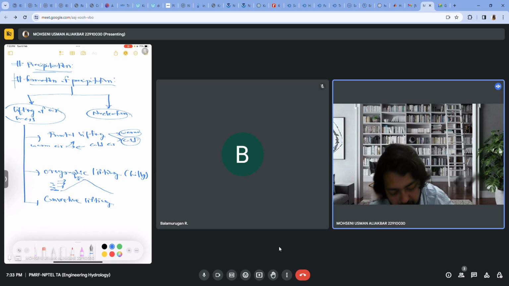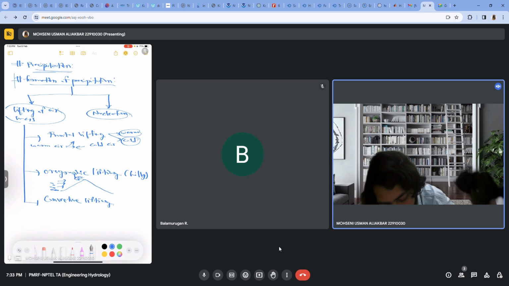So here it is hotter and here at the top it is cooler. So the condensation will start taking place and precipitation begins, and here we can receive rainfall. But on the leeward side there will be no rainfall.